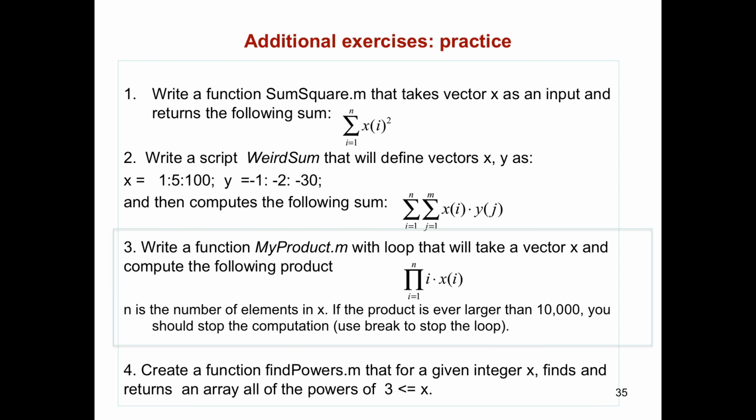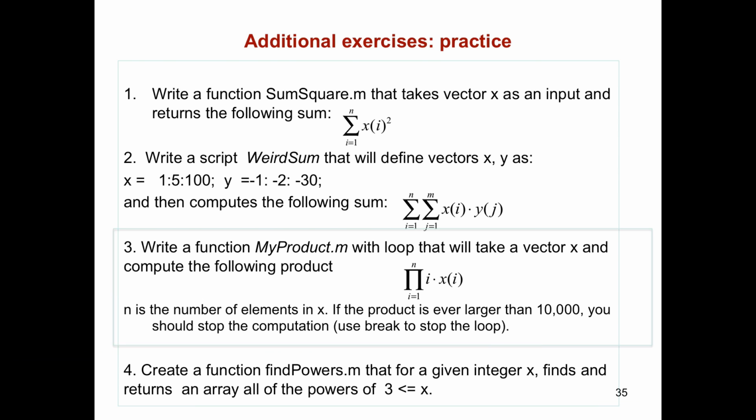Write a function myProduct.m with a loop that will take a vector x. So x is your input argument for your function. And it will compute the product and also pass this as an output argument to the outside world. Again, this is the sign for a product.